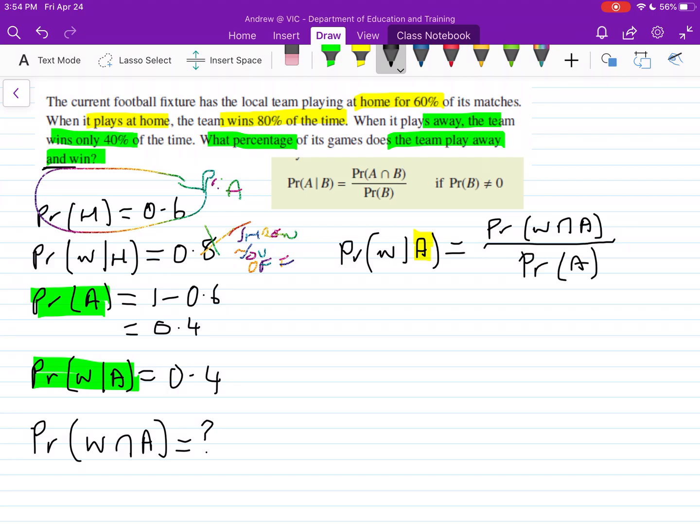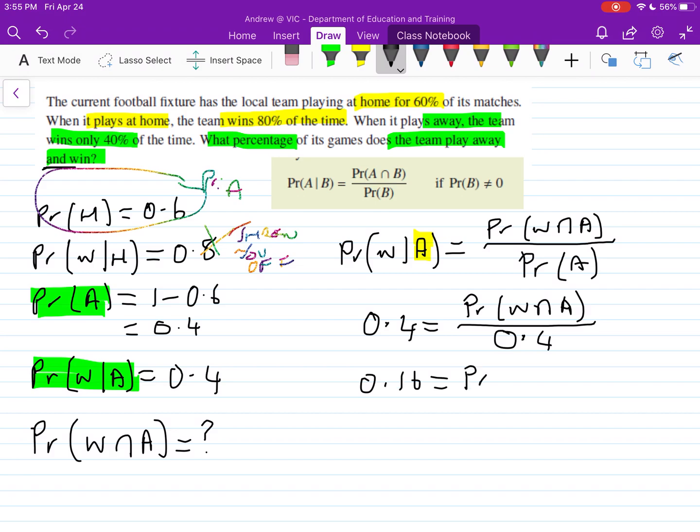So let's fill in the blanks. The probability that they win given that they're away was 0.4. We are trying to figure out the probability that they win and they're away, over the probability of A that was also 0.4. So here we just need to multiply 0.4 to both sides. That will give us 0.16 is equal to the probability that they win and away.